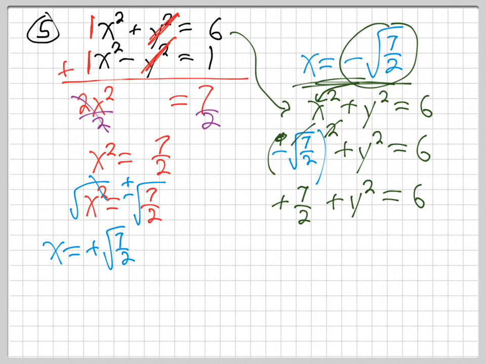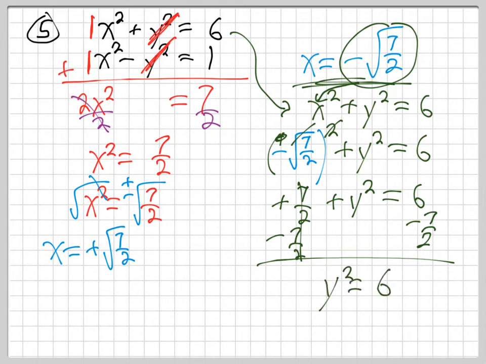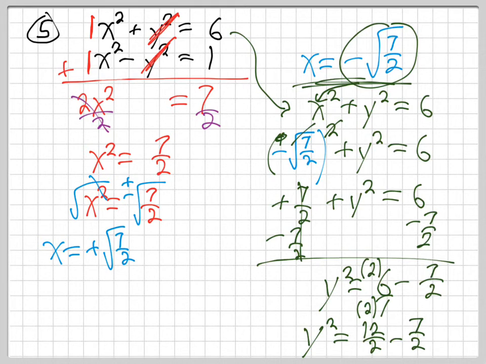You could just subtract 7 halves from both sides, and so we get y squared is 6 minus 7 halves. Now how do you subtract that? Well, you put this over 1, multiply top and bottom by 2, don't we? So y squared is 12 halves minus 7 halves. Now 12 halves is a fancy 6, isn't it?